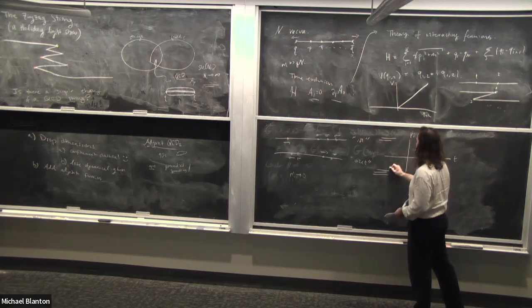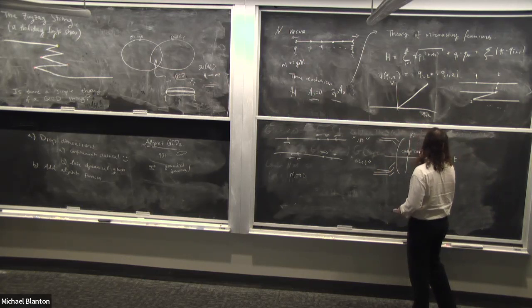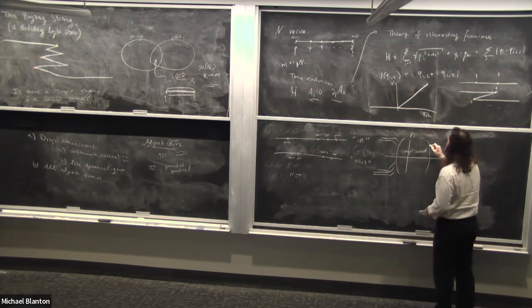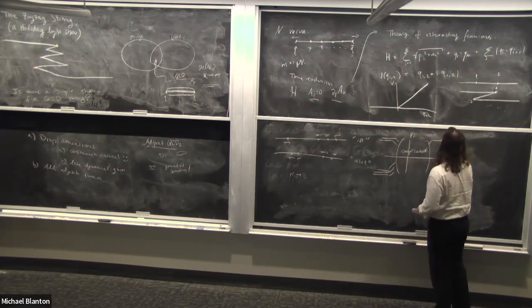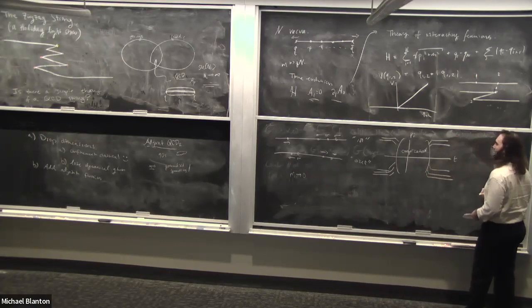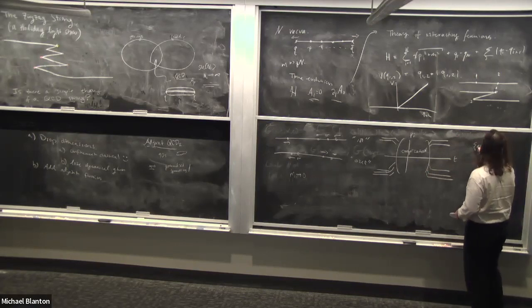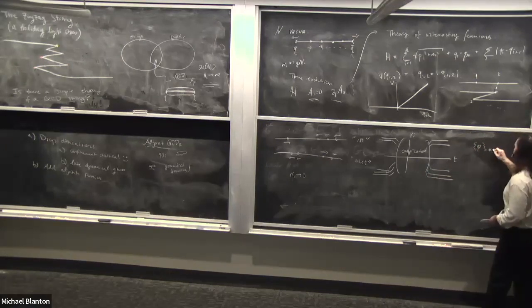There's strings that are stretched. There's some complicated dynamics that happens here. But exactly when you send the mass to 0, something kind of amazing happens, because you get something that looks like this. What you find is that the set of initial momenta is the same as the set of final momenta.